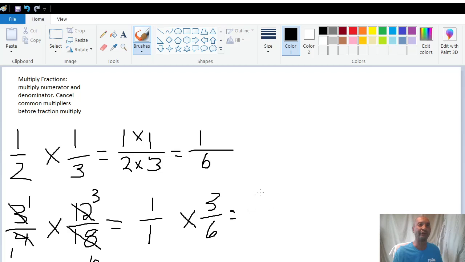So we're just left with the 3 over 6. And then if you want to reduce that to its lowest common form, you can take out a 3, which is left with 1 here. You can take out a 3 there, which is left with 2. So our final reduced fraction is 1/2.